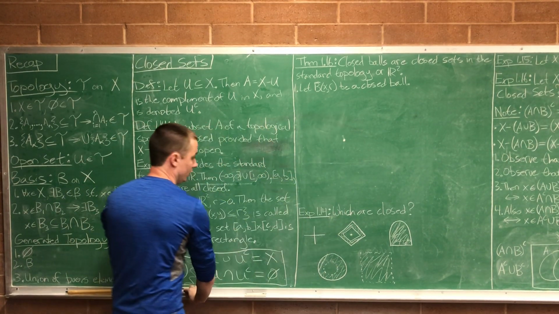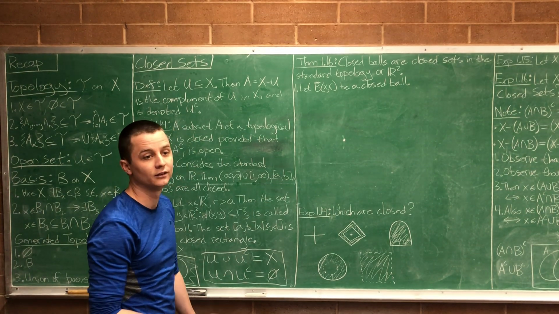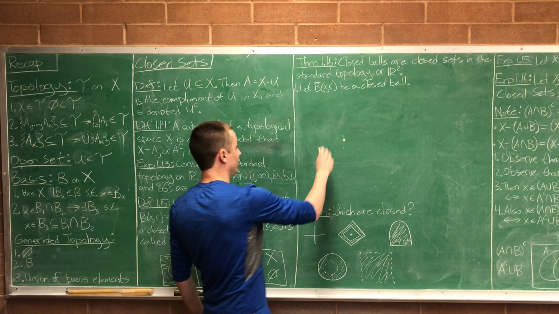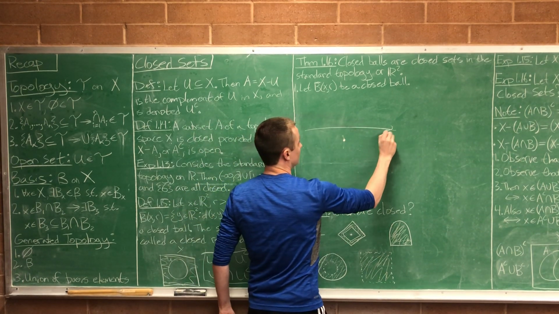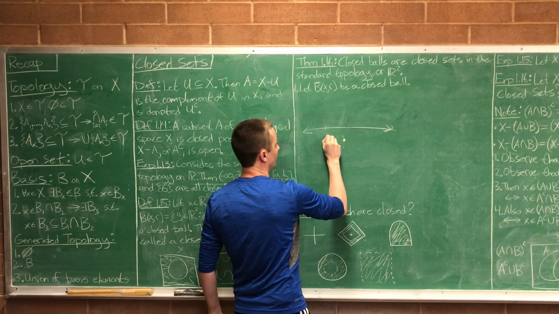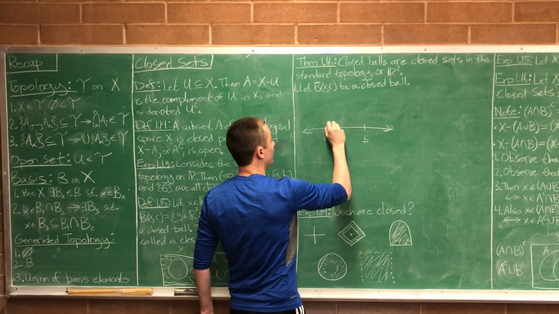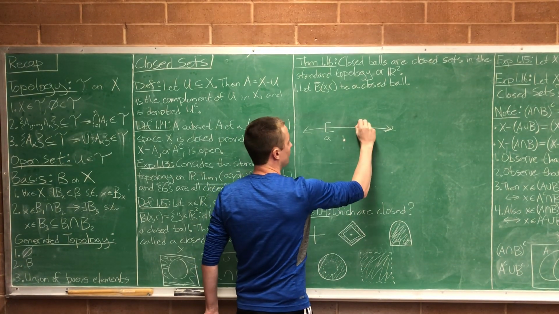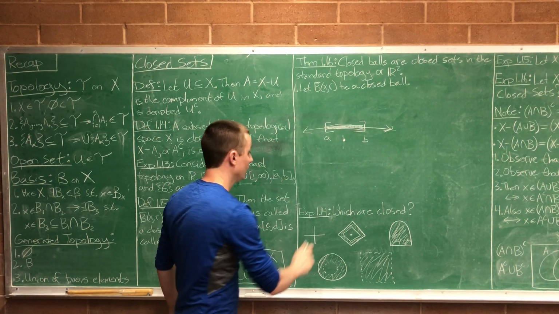Let's look at another one. The closed interval [a, b]. Is that a closed set? Better be. This is where it gets its name. So, we've got R. We've got a somewhere on here, and we've got b somewhere on here, and we're talking about the complement of this. We include a and b. What's the complement of that? Everything else.